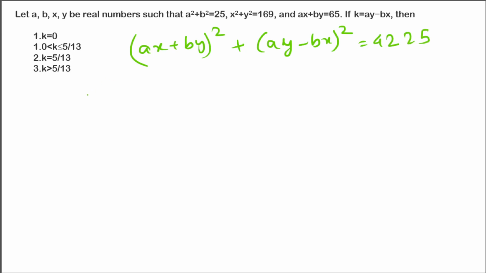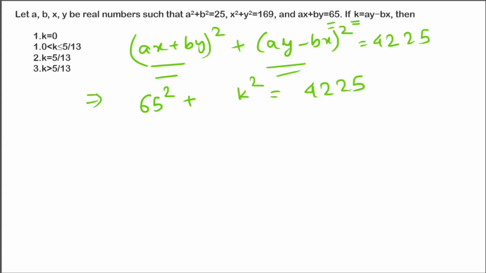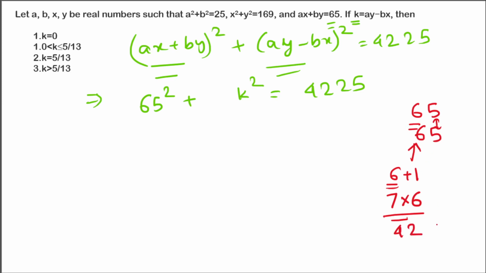That is the equation. Now we know ax plus by, right? That is 65 square. So that is 65 square plus, and this is given to be k, right? So we'll have k square equals to 4225. Now another side project here. What is 65 into 65? So for anything that ends with 5, if you want to calculate the square of it, what you do is, with the left term you add 1 to it and multiply it with itself. 6 times 7 will come out to 42, and you write 25 here.